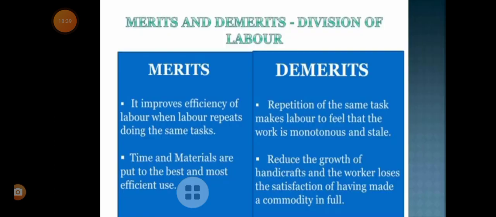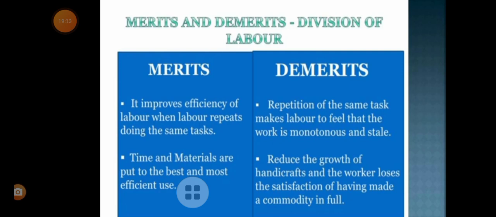So merits and demerits of division of labor are given. What are the benefits and non-benefits of dividing the labor? First, what are merits? Merits means use. It improves the efficiency of labor when labor repeats doing the same task. So efficiency of labor will be more.